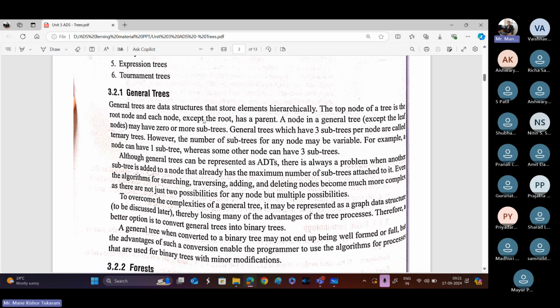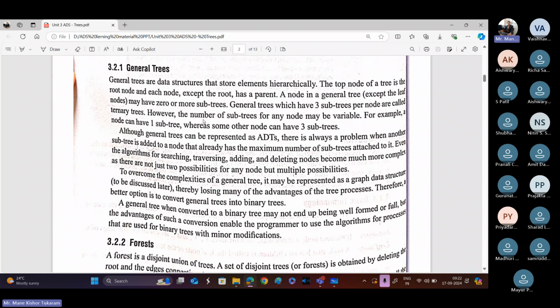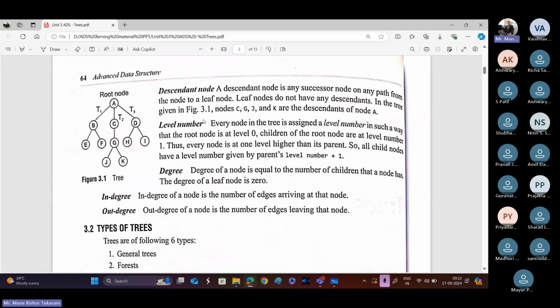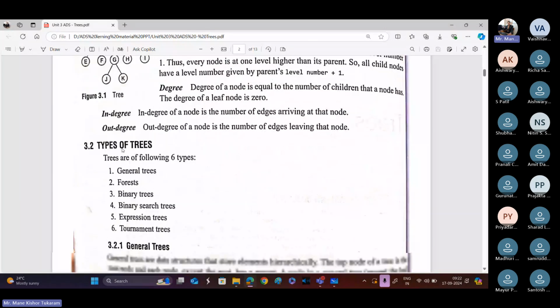General trees are data structures that store elements hierarchically. Whatever tree we just saw over here is nothing but a general tree. It is a tree in which the nodes are organized in a hierarchy and connected with edges, having the root node, different edges, and the leaf nodes.